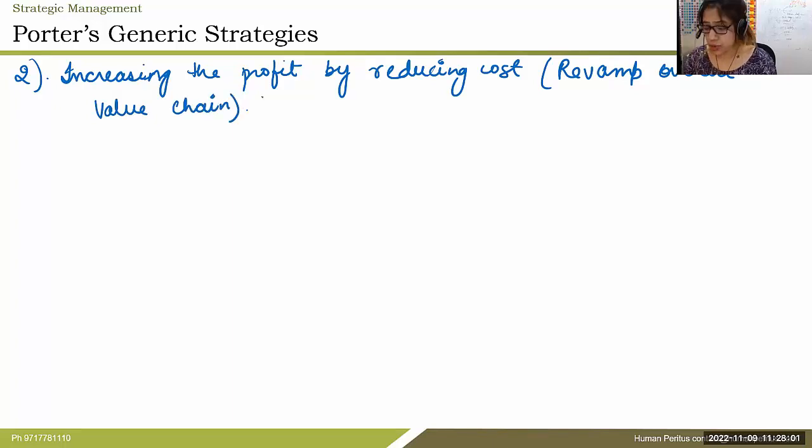What you can do is you can move towards the online market also. Or if you relocate your manufacturing site to a different site, these are all examples of reducing the cost. So reducing the value chain cost so that it works efficiently and you become a cost leader.